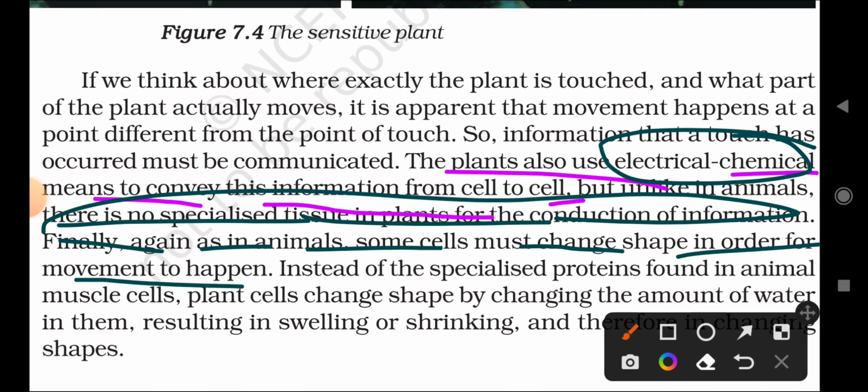In animal cells the information is carried by changing shape, but in plants there is no nervous tissue, so how is this information gathered or conducted?